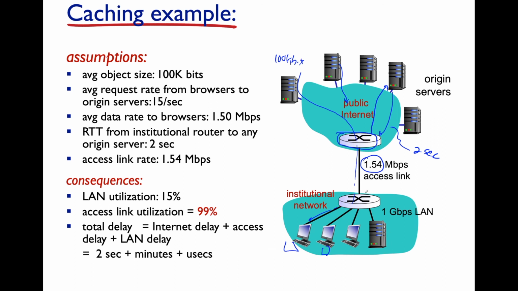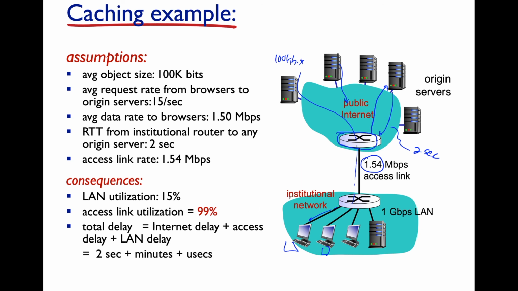So if we were to look at the components involved in a total delay, what happens? We go across the local area network, that's microseconds. Then we go across the access link, that's in the unit of minutes because it's almost fully saturated. It's 99%.